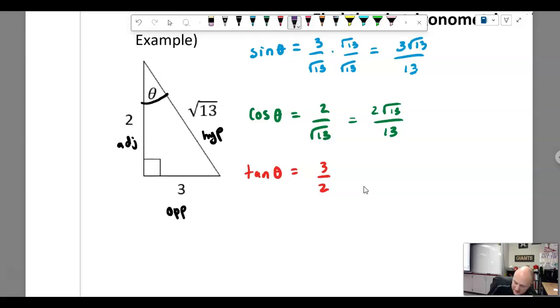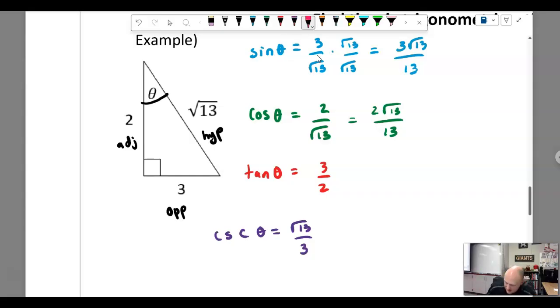Okay, next, let's go ahead and do the reciprocals. I'm going to be smart about what form I use for the reciprocals. Cosecant theta, its reciprocal is sine, and so I'm going to take the reciprocal of this answer, but I'm not going to use this because then I have a radical in the denominator. I'm going to use my first version. I'm just going to take the square root of 13 over 3, and I don't have to rationalize anything.